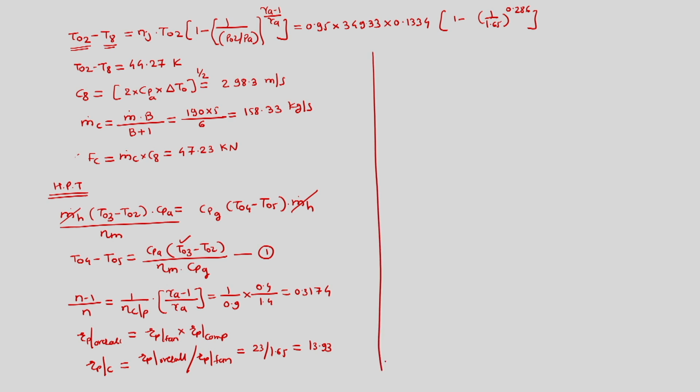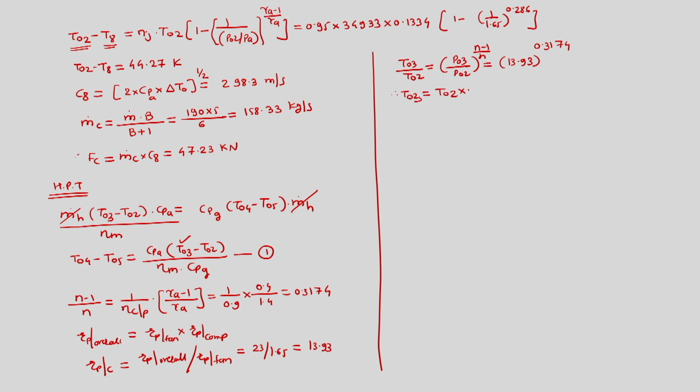So this is the pressure ratio for the compressor. Now we can say T03 upon T02 is equal to P03 upon P02 bracket raised to (n minus 1) upon n, and P03 divided by P02 is known to us, which is 13.93 bracket raised to 0.3174.